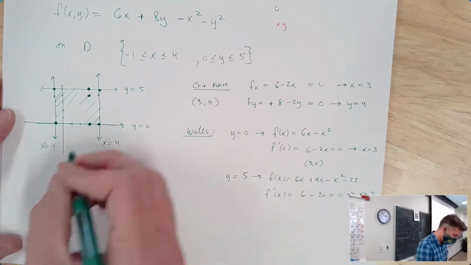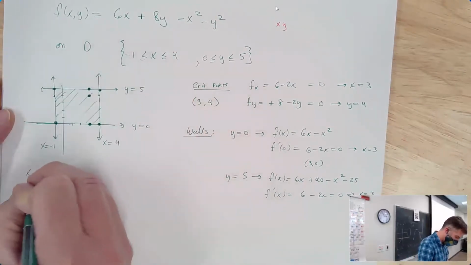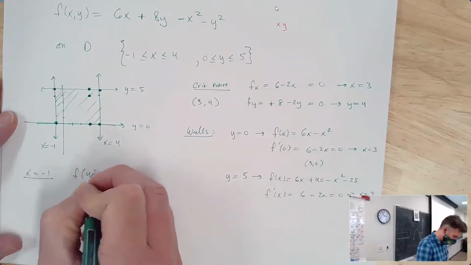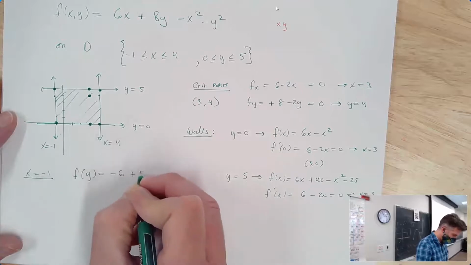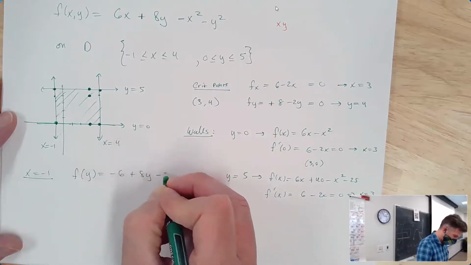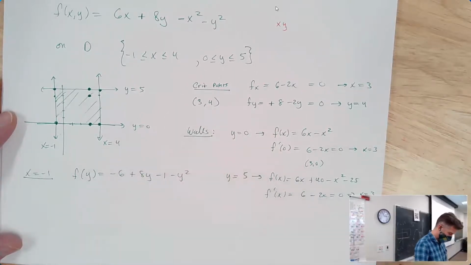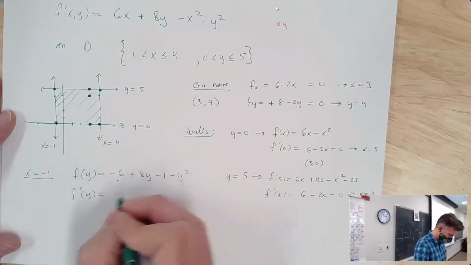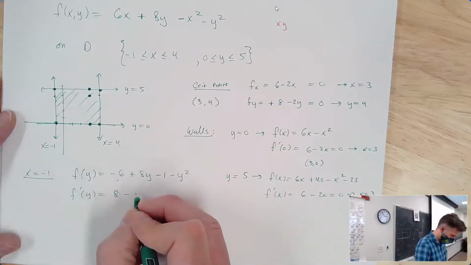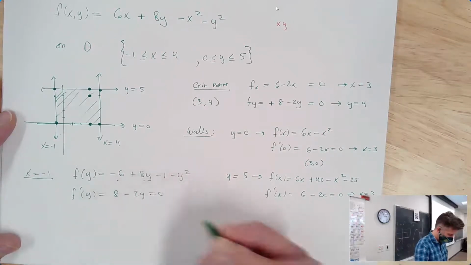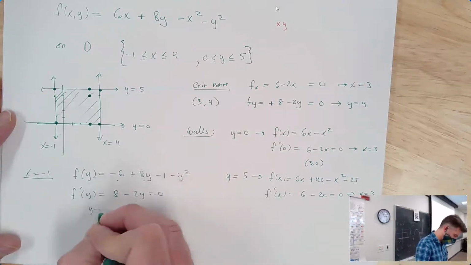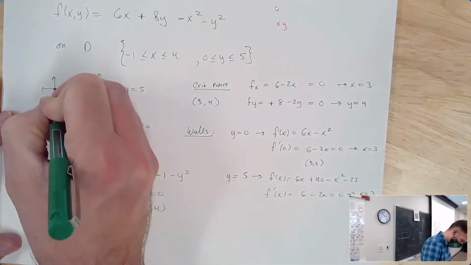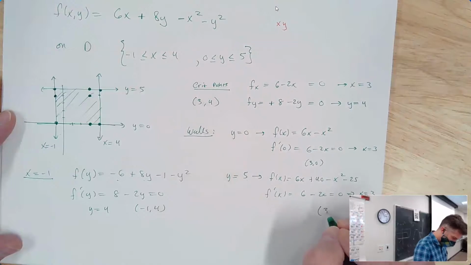Let's take a look. So let's look at x equal to -1. Our function f of y is -6 plus 8y minus 1 minus y squared. The derivative is going to be 0 plus 8 minus 0 minus 2y. If you set that equal to 0, you're going to get y equal to 4. So -1, 4. And over here, it was the point 3, 5.